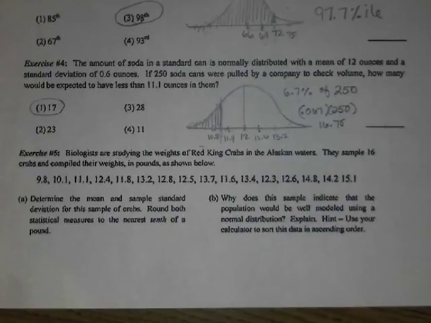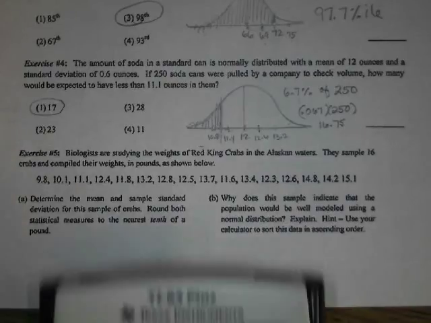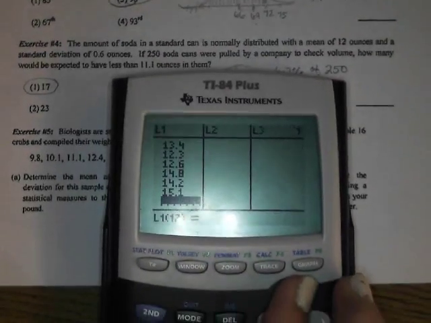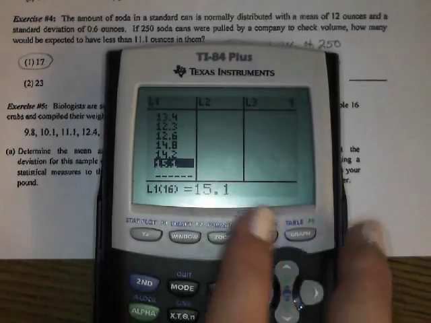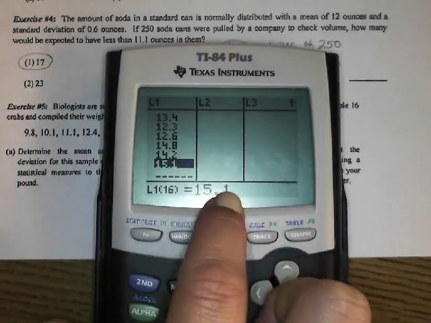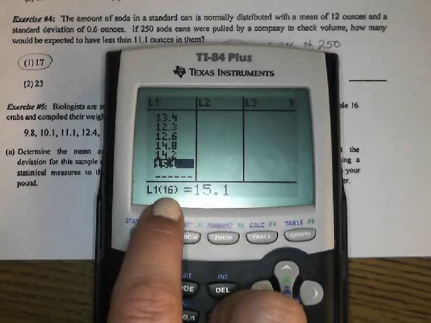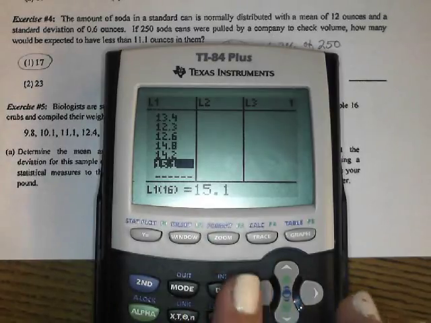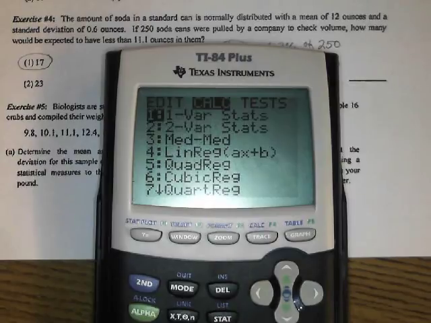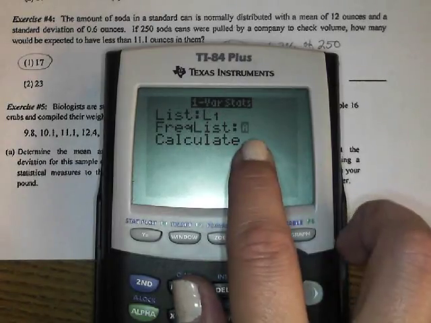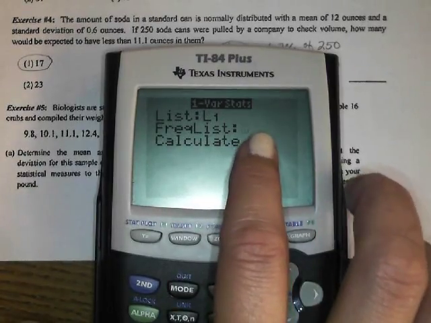Okay, because there are 16 crabs, it could be easy to mistype something. So when you type in your last crab, 15.1, make sure that's your 16th data point, so that you know you've got all the data. So if I stat calc, I don't have a frequency list. If you have something in there from yesterday or from your homework, clear that out, because I should not have a frequency.